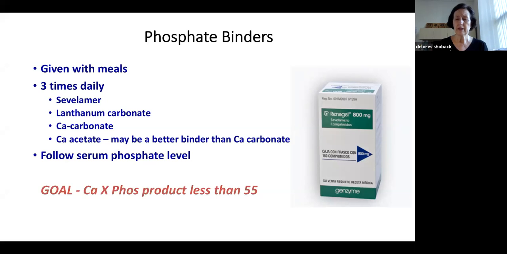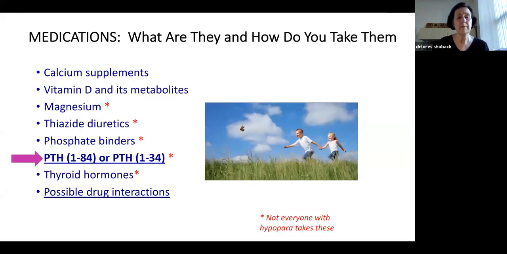And we need to make sure that the level that child is going to have is the right level for him or her at the age that they are. So I would talk that over very carefully with the pediatric endocrinologist or pediatrician. But we don't use them all that much. We work on the diet.